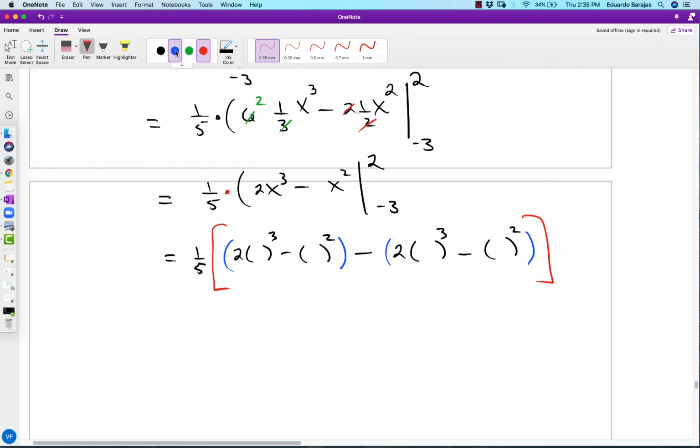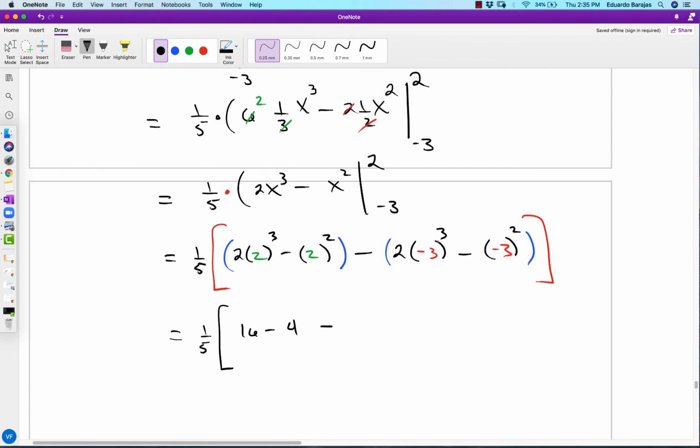Okay, so now I'm going to plug a 2 into this expression, and then I'm going to plug a -3 into this one. Now evaluating this, we get 1/5 giant bracket. This is going to be 2 to the third power, that's 8, times 2 makes it 16, minus 4, minus, and so that's these terms here.